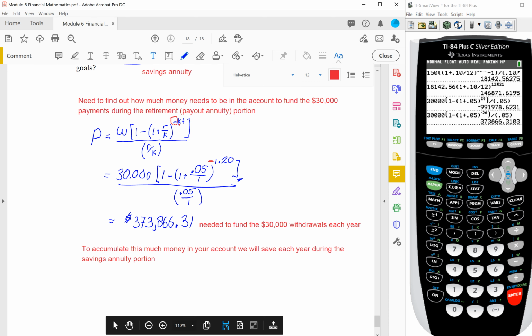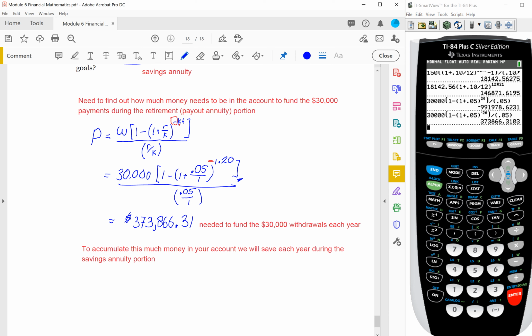Okay, so for the savings annuity portion, we want to remember that a savings annuity grows according to the model A, the value of your account, is equal to D, the amount of your contributions, times 1 plus R over K, raised to the KT, minus 1, all divided by R over K. Now, as it's written, this gives us the amount in the account after making regular contributions D, which is not what we want to know.